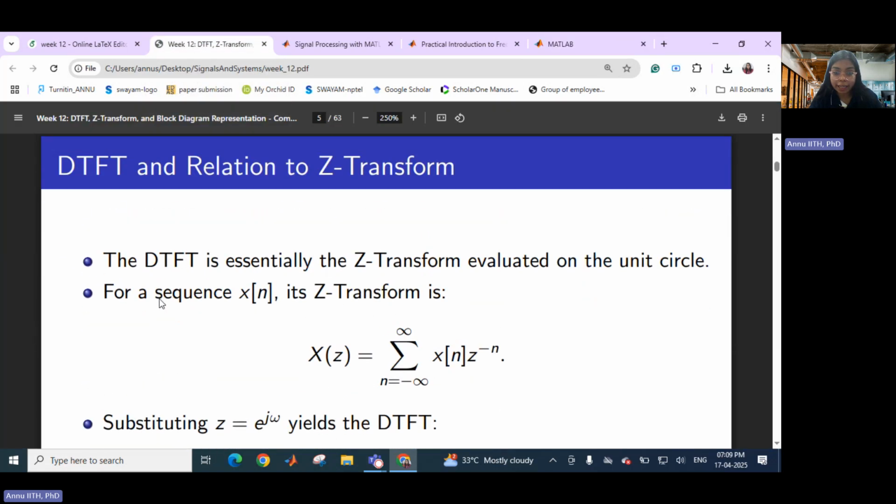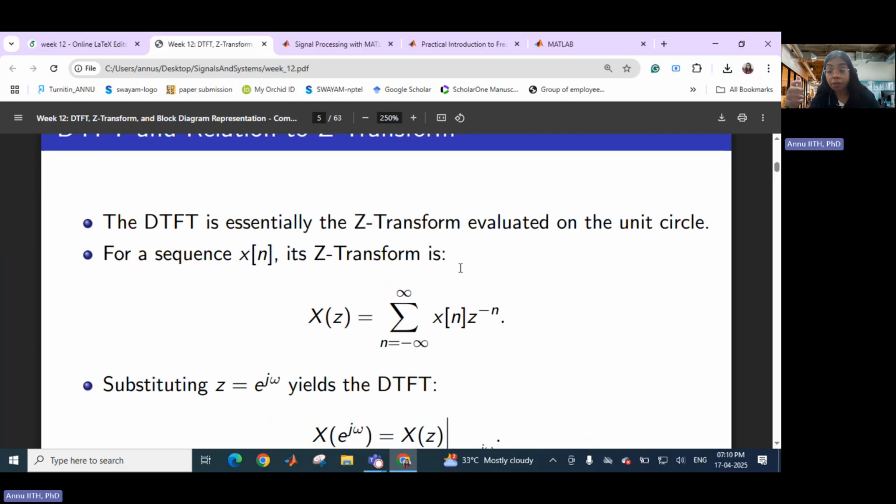So the DTFT and its relation to the Z transform. The DTFT is essentially the Z transform evaluated on the unit circle. So if we consider the DTFT evaluation on the unit circle, it is actually a Z transform. For a sequence x[n], the DTFT is there only for time domain signals.